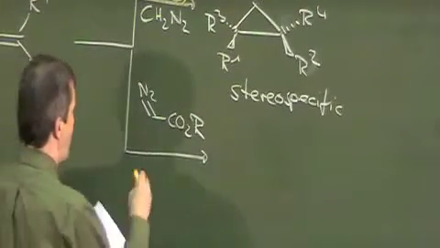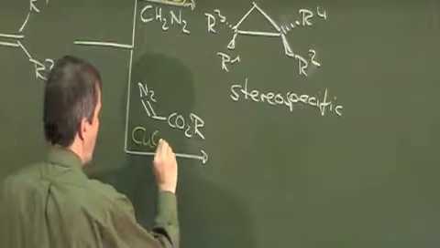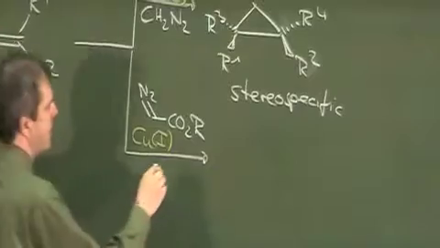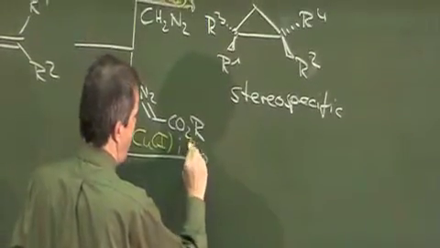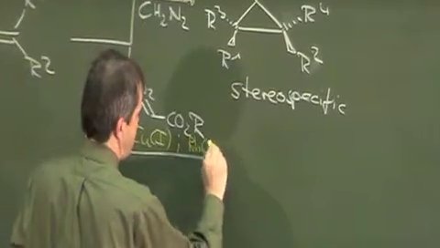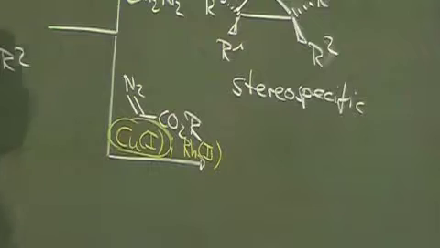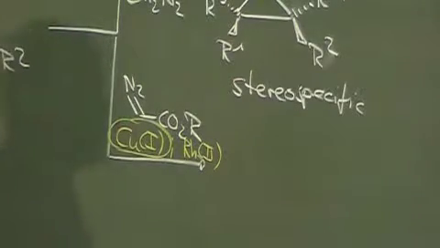But what has been found is that copper 1 especially, but at the same time rhodium 2 can also be used here. However, copper 1 for this purpose is probably the most attractive catalyst because copper, of course, is a lot less expensive than rhodium. And so especially for large-scale applications, this is attractive.